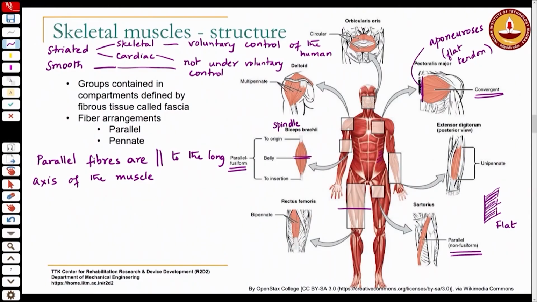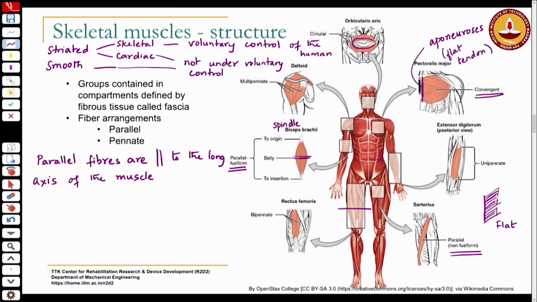Then you have this muscle typically around openings, where it is like a muscle that is wound around, but the fibers are circular and they are parallel to one another along the axis of the muscle. That is how the muscle fibers go. This is around your mouth.